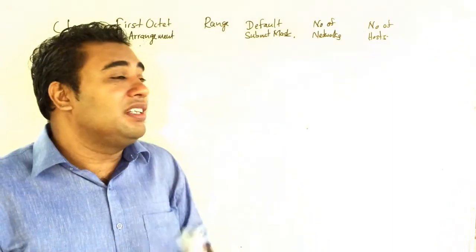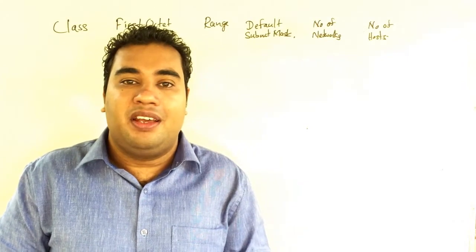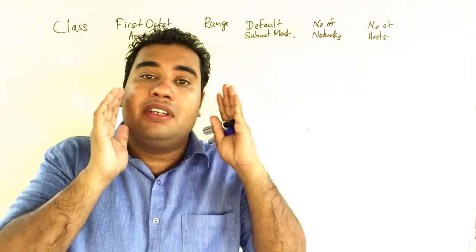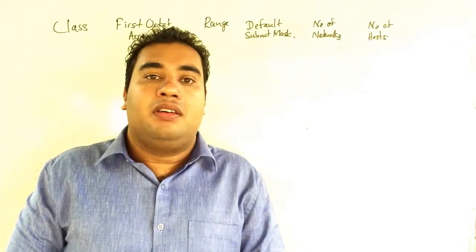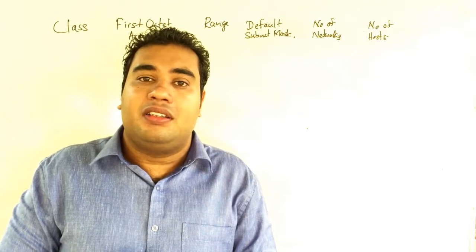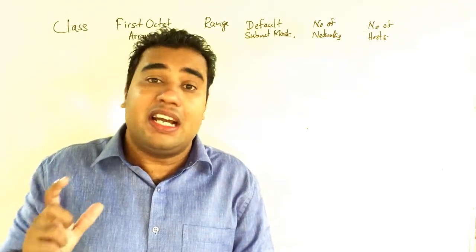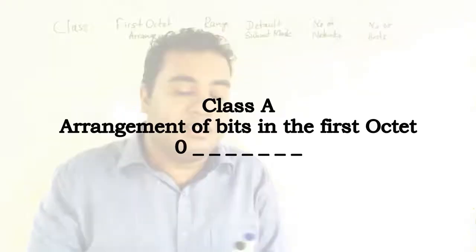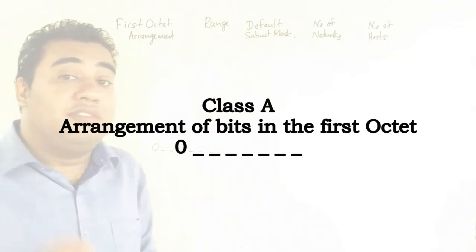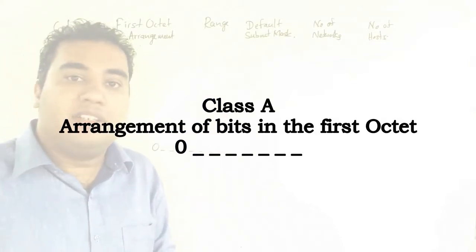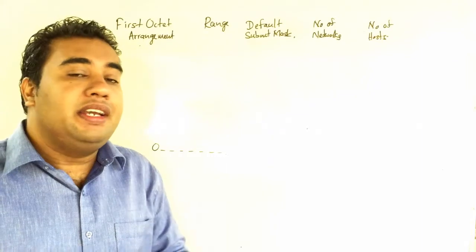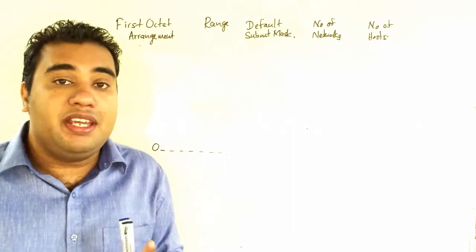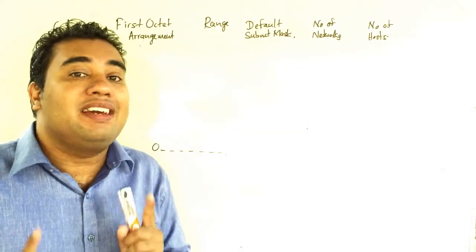We will discuss the classes using this table. I explained that we determine the class of an IP address using only the first octet of the IP. So there are 5 classes. In class A IP addresses, the first octet arrangement is something like this. In the first octet, the first bit should be 0 in class A IP addresses. It is a constant. It cannot be changed.